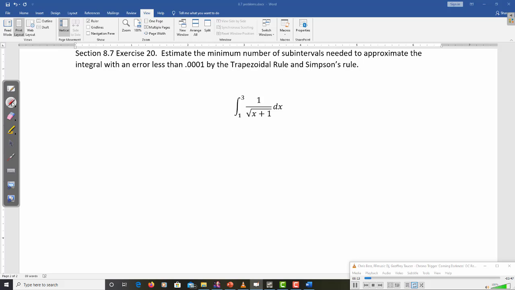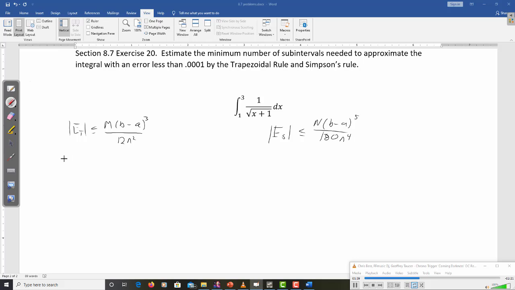So we know that the trapezoidal rule has an error that is bounded by M times (b minus a) to the third over 12n squared, and for Simpson's rule, the error is bounded by M times (b minus a) to the fifth over 180 n to the fourth.